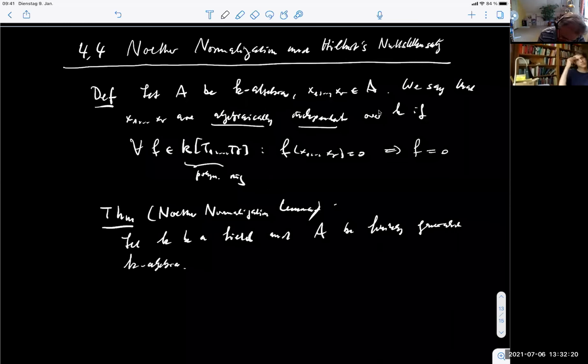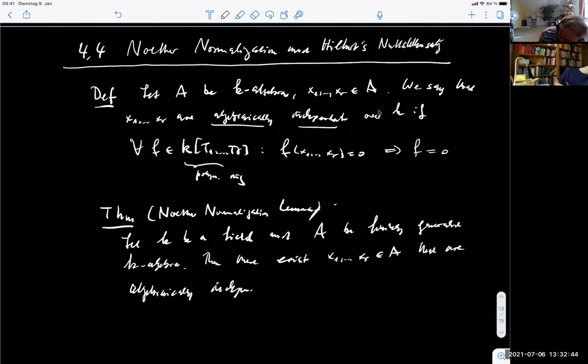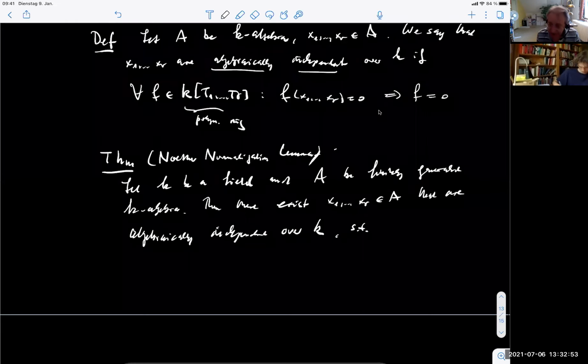So there exist x1 up to xr in A that are algebraically independent over K, such that, in a way I have to put some maximality condition.